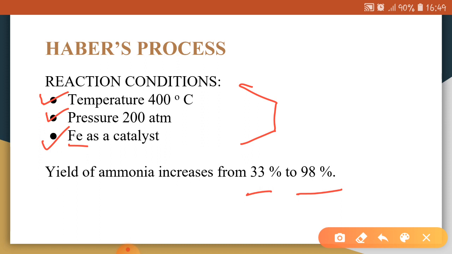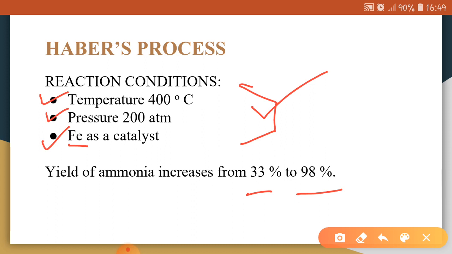Now you may see that the yield has increased to an appreciable extent, from 33 to 98%. How does the yield increase? It increases by applying these reaction conditions. So how do we know what kind of reaction conditions should be provided in a reversible reaction to increase the yield?